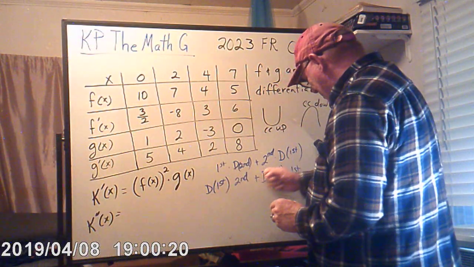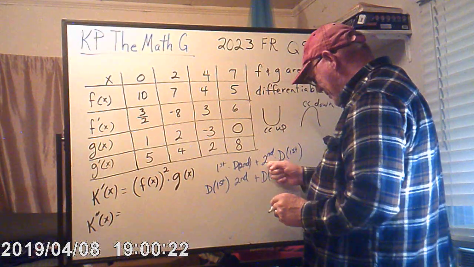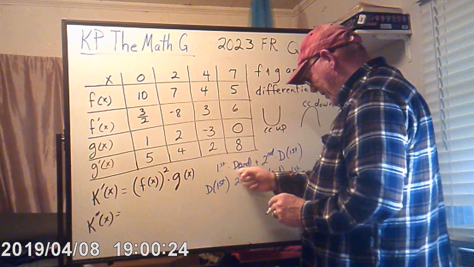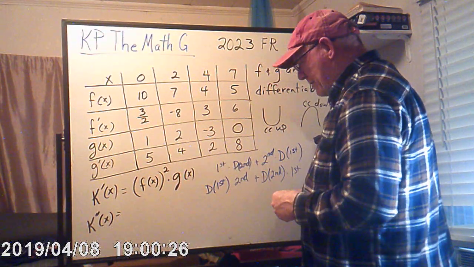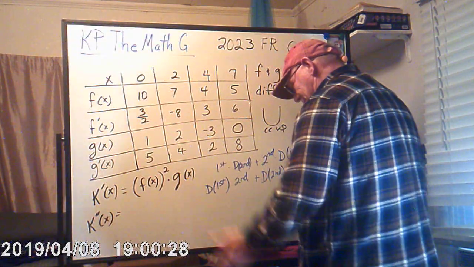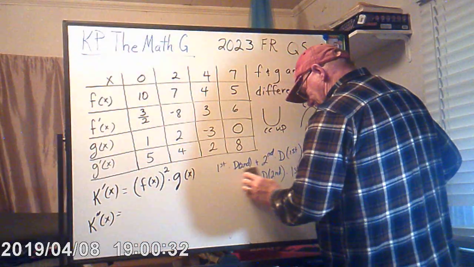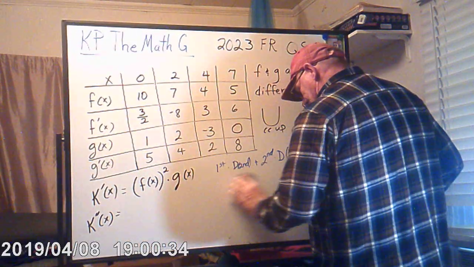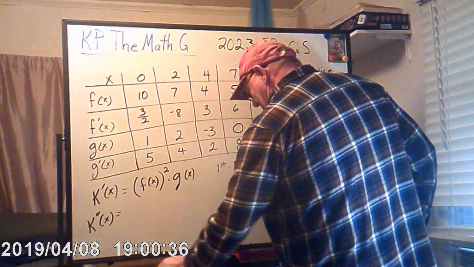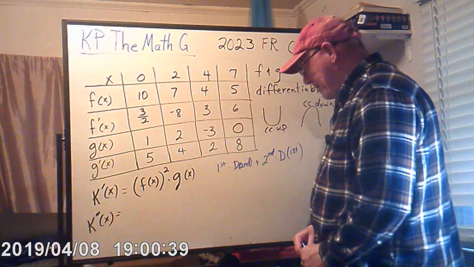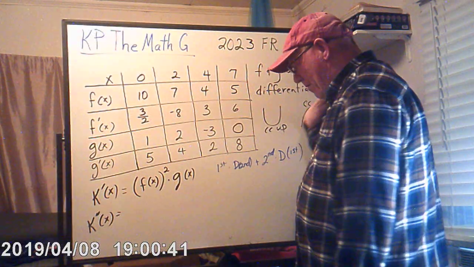So go with whatever you want to. Eeny, meeny, miny, mo. Pick one. Alright, I'm going to pick the top one. You get the same result either way. I'm not going to show both ways. I'm just going to do one.